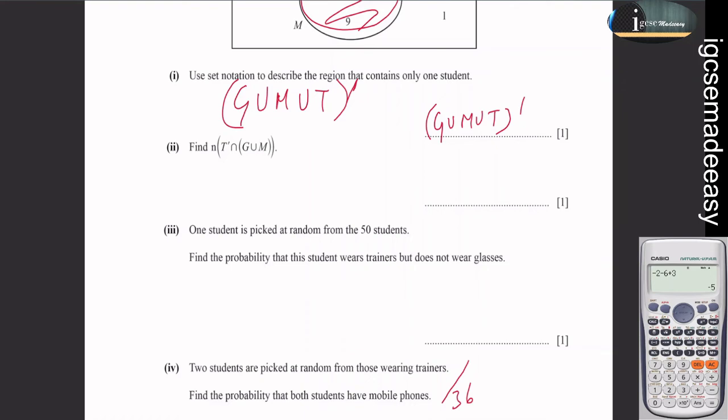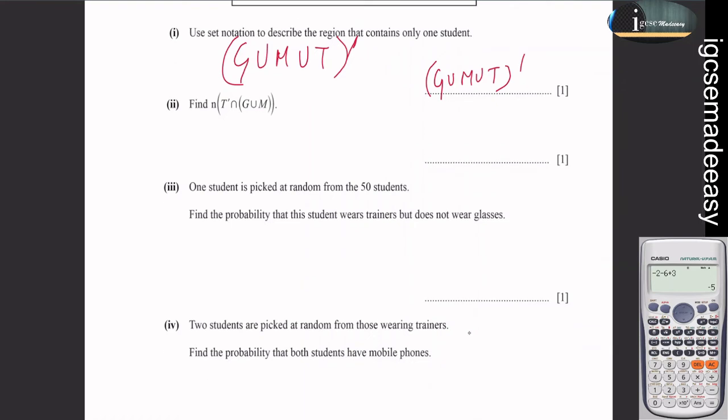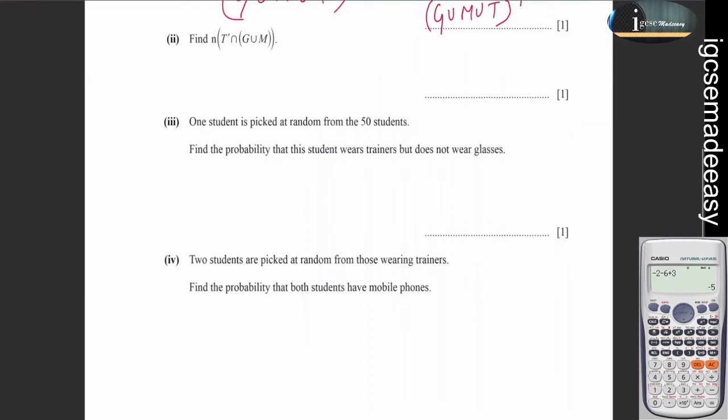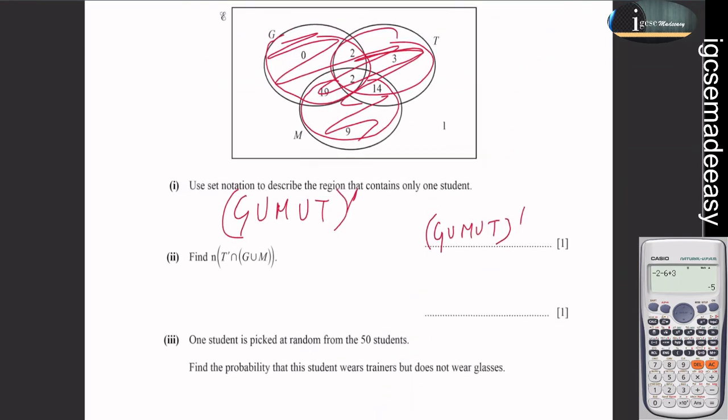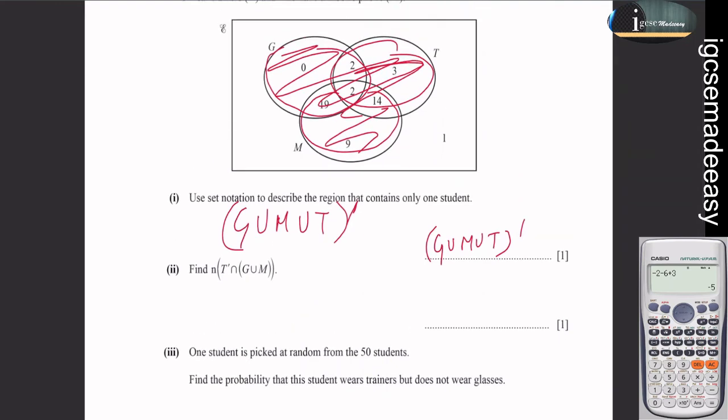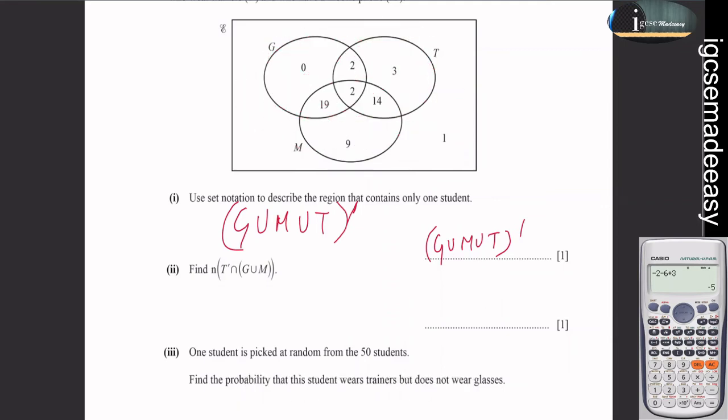So find this 36 is here. Yeah, find n of T dash. How many numbers are there? Let me erase this one first. Find the number of elements in T dash. If I'm taking T, then I should have taken all the values, right? But T dash means I have to exclude all these values, so I have excluded the green part.